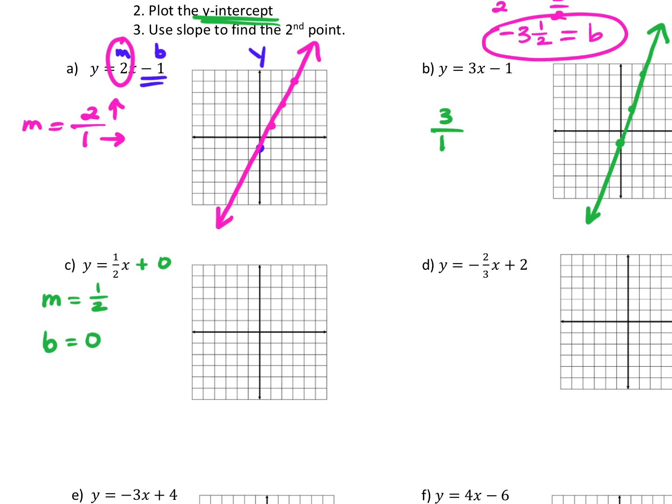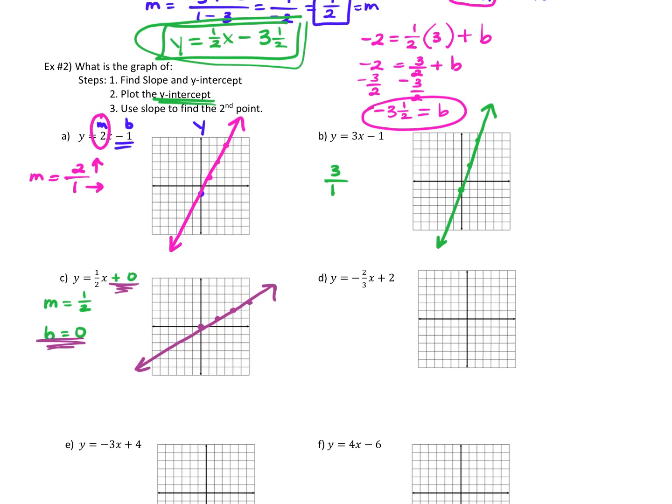So we would put a y-intercept at the origin, and where do you move from there? Up 1 to the right 2, up 1 to the right 2, up 1 to the right 2. So your line looks like that. If there's nothing behind it, that's a y-intercept of 0, okay?